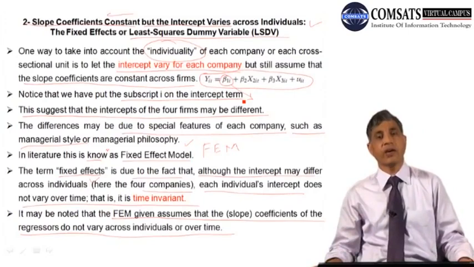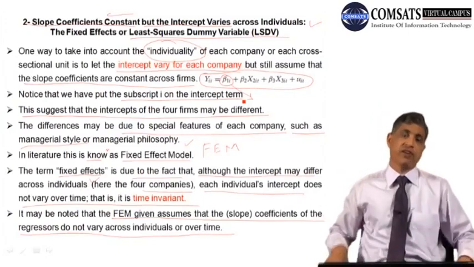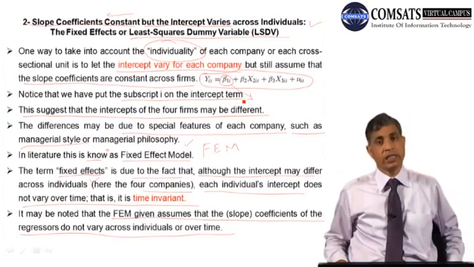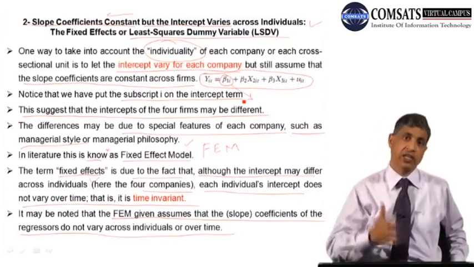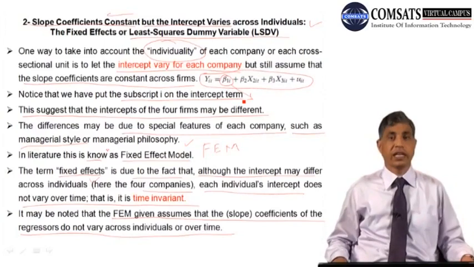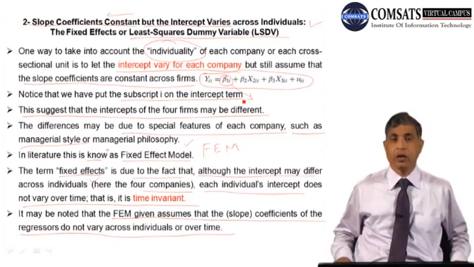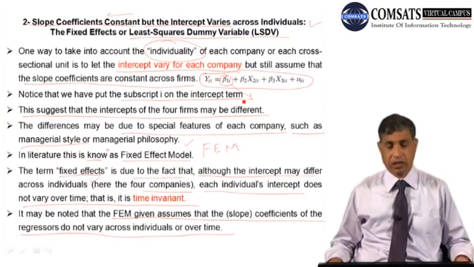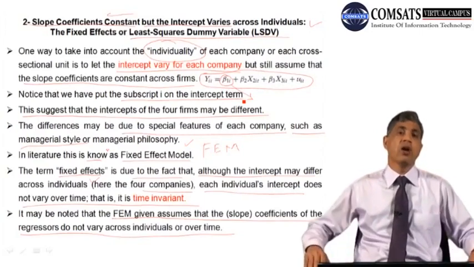For example, if there are 5 people and I have data for their weight for 20 years, for all the people, it means it is panel data.